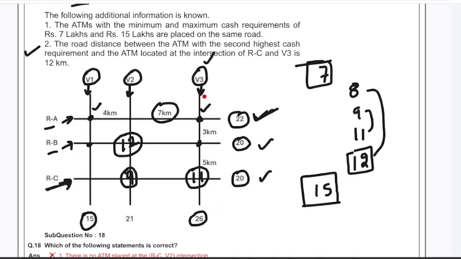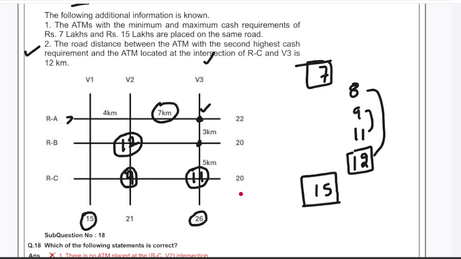Now, if it is becoming 26 and this is becoming 15, now there are two cases which we can see. The first case is we can have 8 here, 11, 8, 19, and 7, 26.